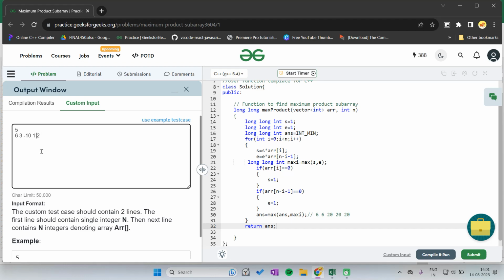So all the possible values are covered by this now, because if this is negative, then all these are the correct answers. If these both are negative, then either this will cover the answer, or this will cover the answer.